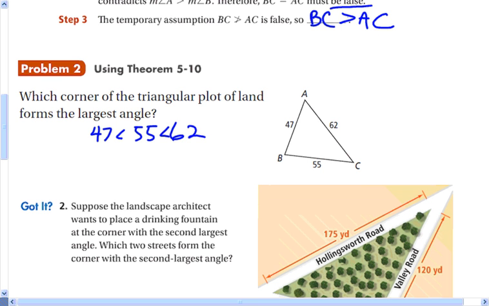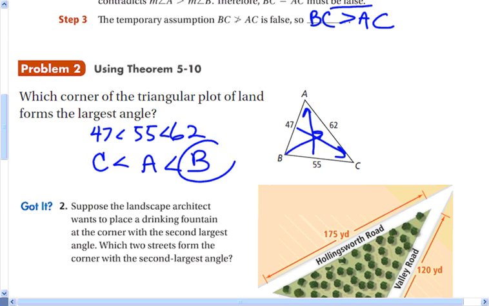And the sides opposite those angles: opposite 47 is C, so that's the smallest angle. Opposite 55 is A, that one comes next. And opposite B is 62, so that one comes last. So the largest angle will be angle B, because it's opposite the largest side.